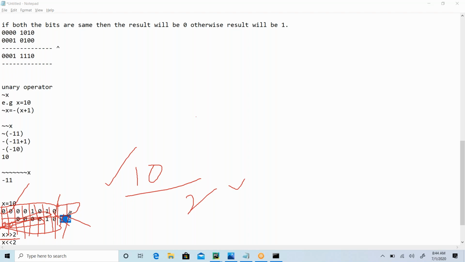Here we're going to fill the right-hand side with zeros. Now the value is 1, 0, 1, 0, 0, 0.